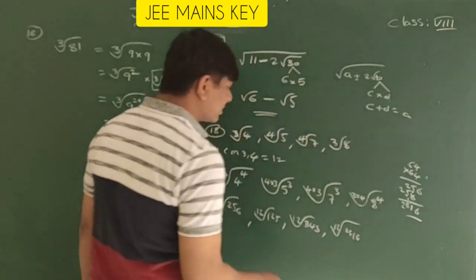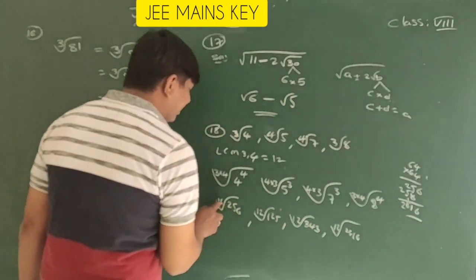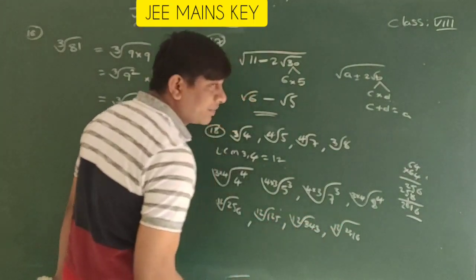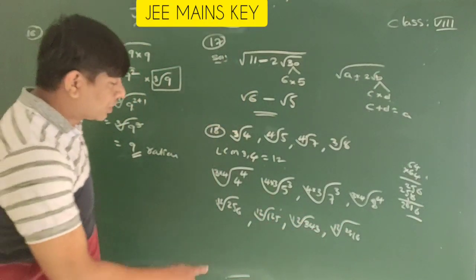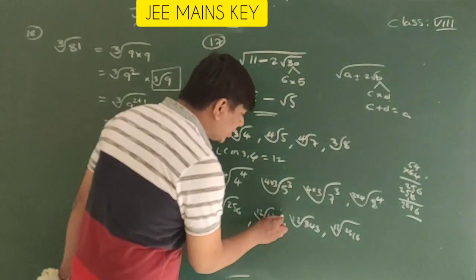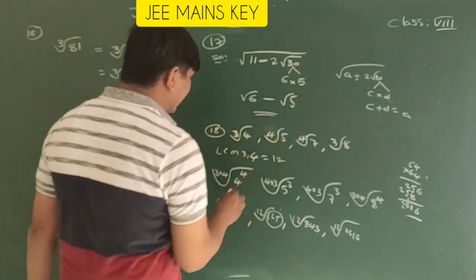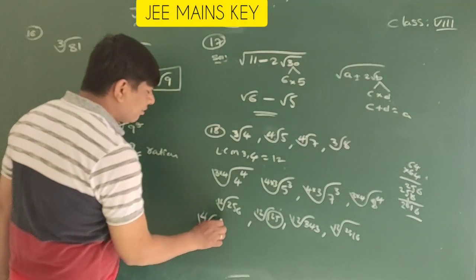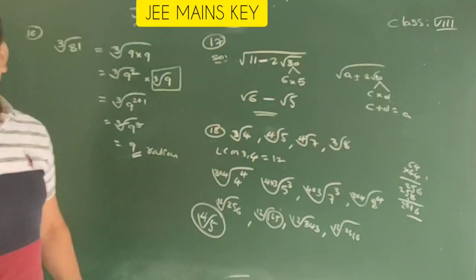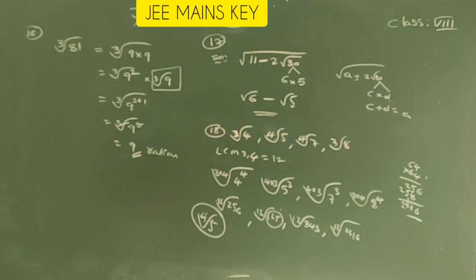So these numbers are all bigger than 125. Since the orders of the surds are now equal, compare the radicands. Among these, 125 is the smallest value. Fourth root of 5 is your answer, the smallest surd among the given surds.